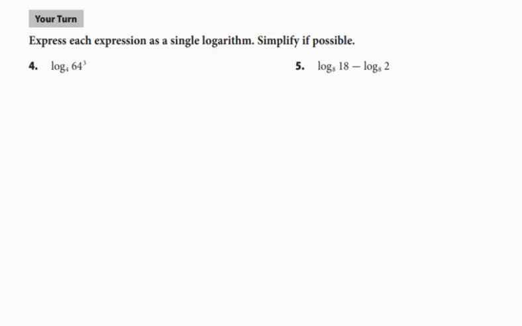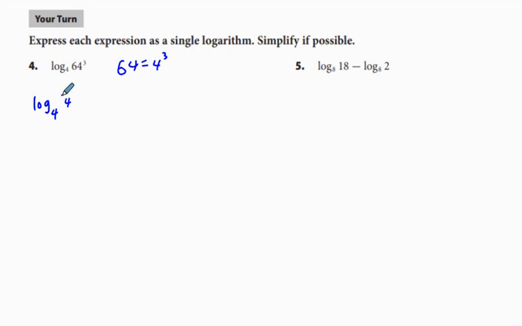Okay, next, your turn. Express each expression as a single logarithm. Simplify if possible. And so what you have here, the thing that would be really helpful is if you could write 64 as a power of 4. You can write 64 equals 4 to the power of 3.